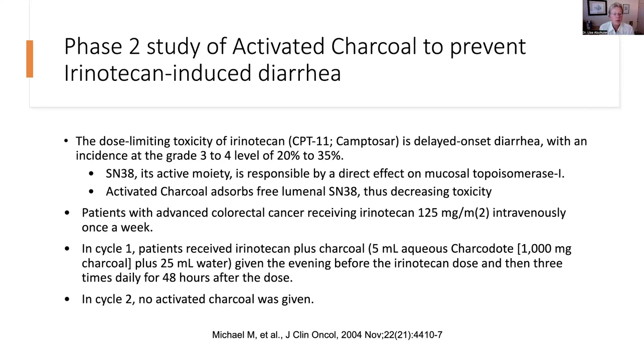And this is due to a breakdown product of irinotecan, which is called SN38. And what happens is the SN38 is acted upon by bacteria in the intestine into a very reactive metabolite, which actually inflames the intestine and causes diarrhea.